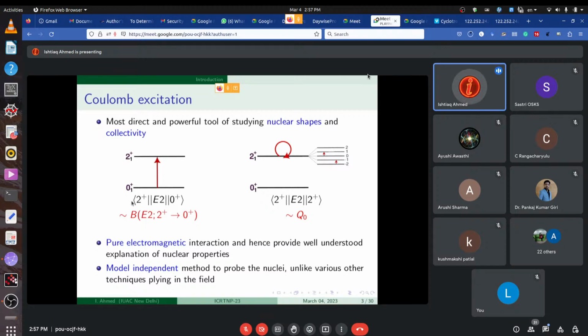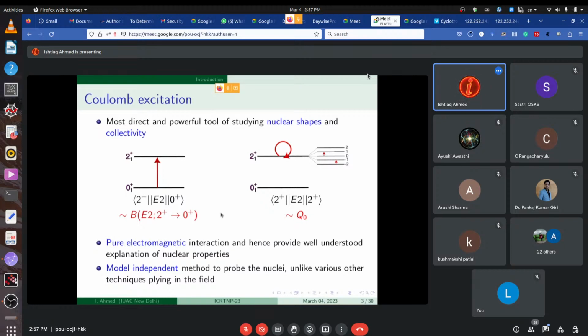So from the reduced transition strength you can show the collectivity of a nucleus, and also from the quadrupole moment you can measure the shape of a nucleus, for example. And the other advantage of Coulomb excitation is that this is a pure electromagnetic interaction. As I told you, this happens because of the time-dependent electromagnetic field between two nuclei.